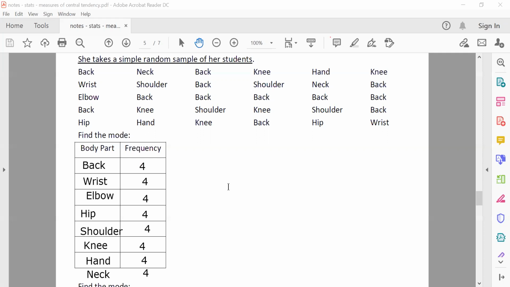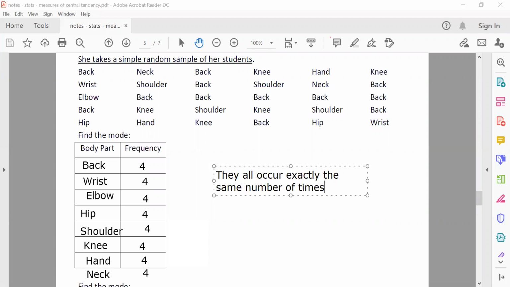There can be multiple modes, but there has to be something that falls behind them. They have to be a leader in some way. In this case, they're all exactly the same. There's no leader, so there's no mode. So you can have a leader or leaders, or you can have no leaders at all, if they're all exactly the same.